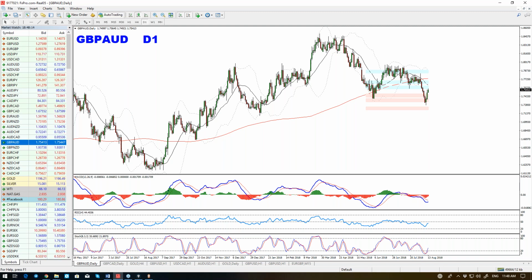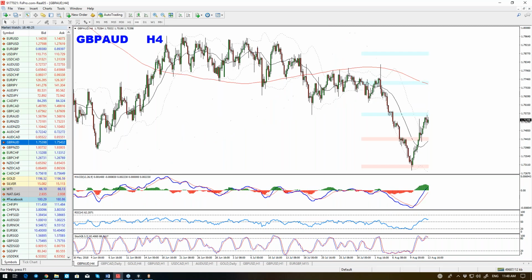Now, since we have a bullish divergence after a bearish cycle on a daily chart, 4-hour must be a corrective cycle, which means two waves or a range. This is still wave number 1.